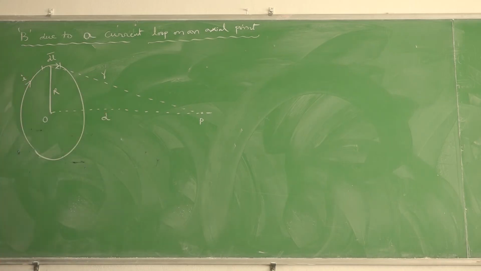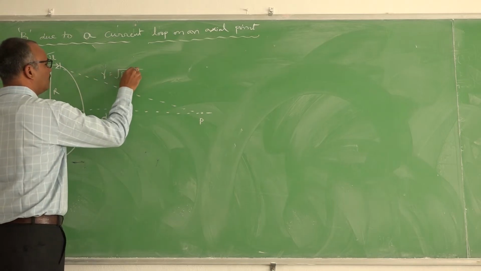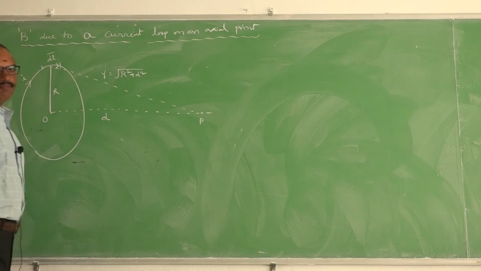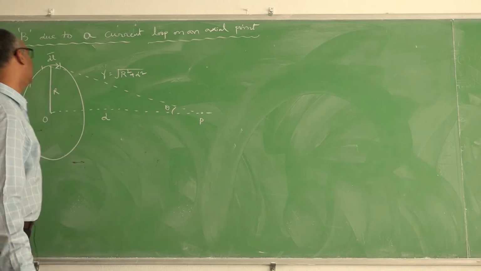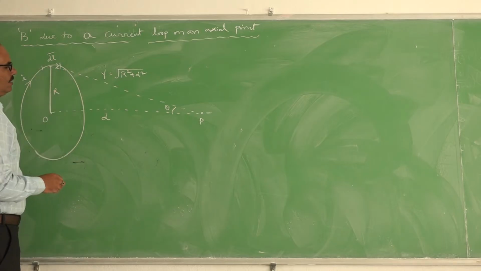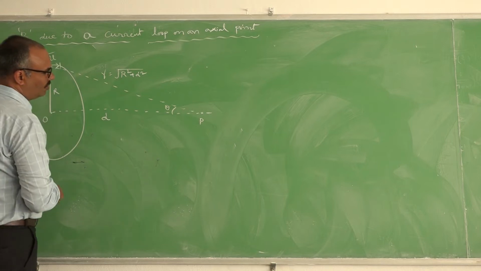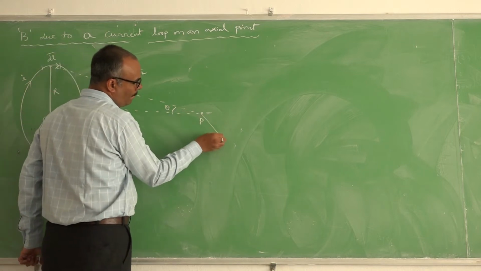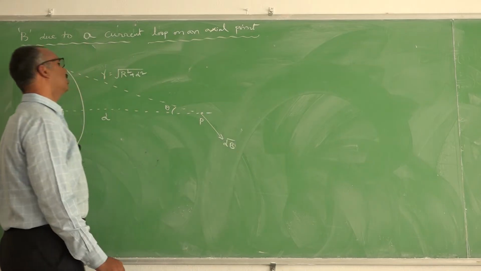Then r is given by square root of r square plus d square. If this angle is theta, the magnetic field due to this current carrying element is having a direction like this, dB bar. This is the small field due to the current carrying element.